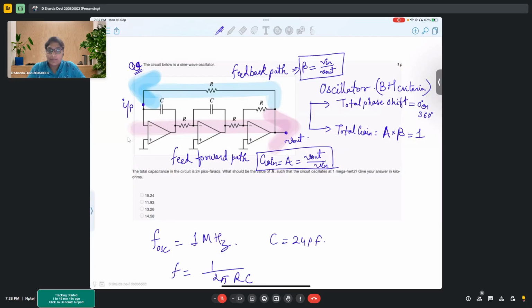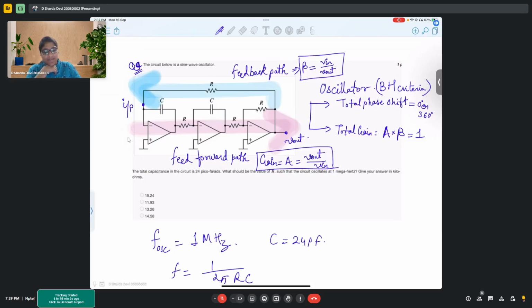There will be no phase shift from V out to V in because it's a purely resistive path. That means from input to output, we have a 360 degree or zero phase shift in this particular case. That is mandatory to obtain oscillation. So this is the Barkhausen criteria.